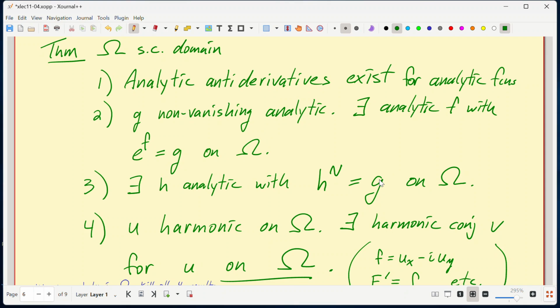There's no branch cut, but that's the feeling. Or if you wanted to make a more general word for branch, that would be it. And of course, once you have a branch for the log, then you can cook up nth roots just by taking e to the f over n as the nth root of G.